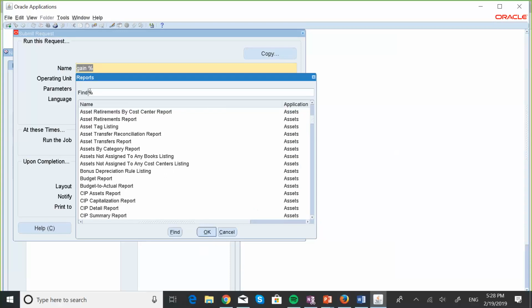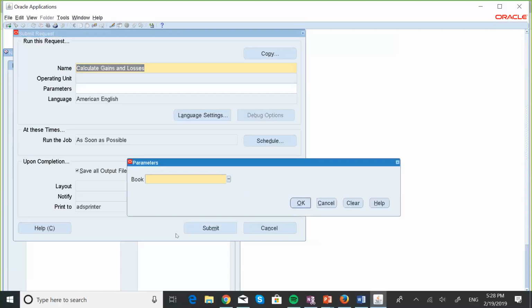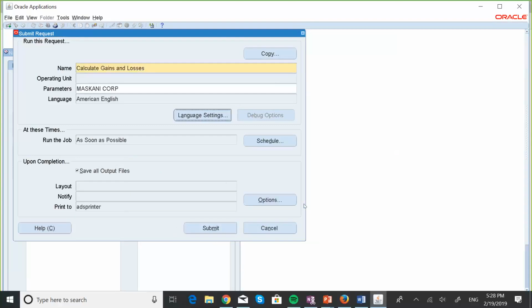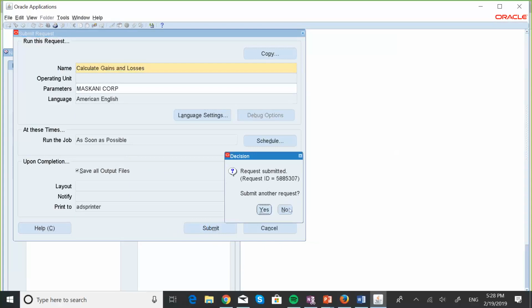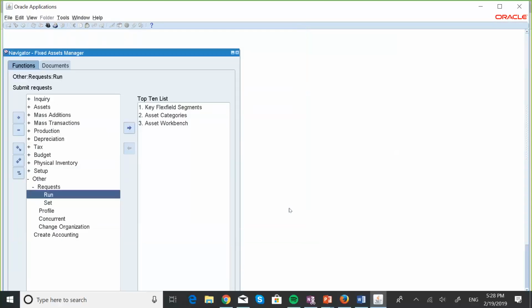Let me see, calculate. Calculate gains and losses. The book should be Mascani. So I will submit this. I do not want to submit another request.